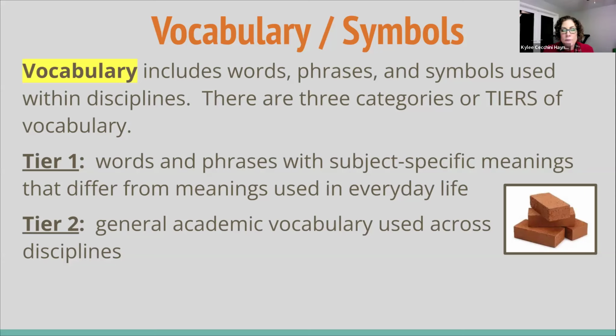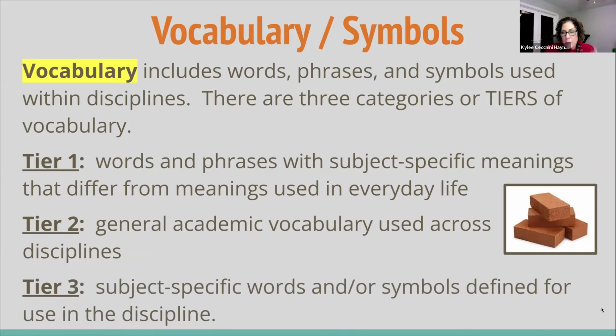Tier two words often are used in assessment, on tests, right? Explain this, analyze this, justify that. Those are tier two words. They're not all verbs; they can be nouns as well. But there's an academic register to them. They're more sophisticated words.